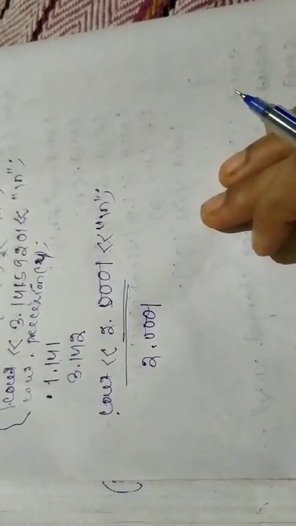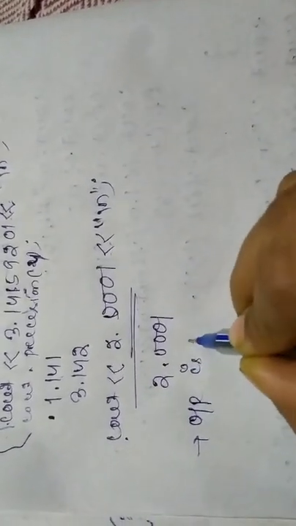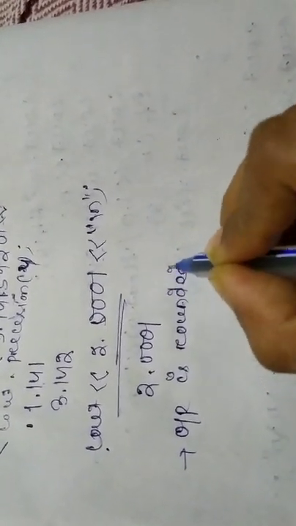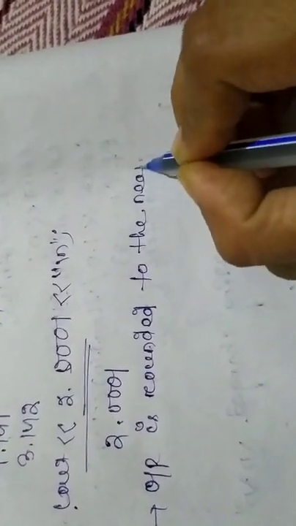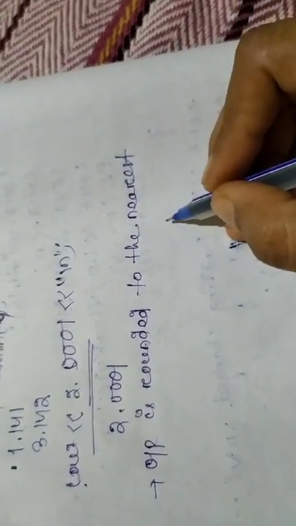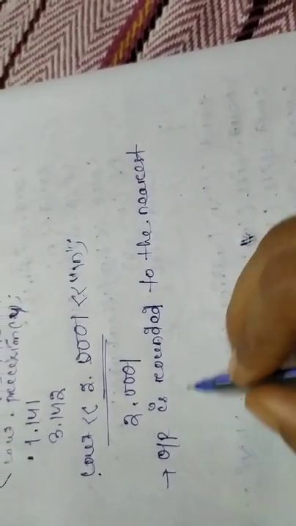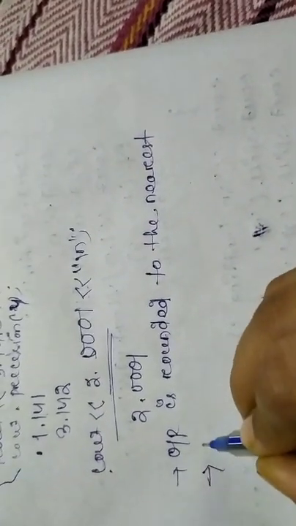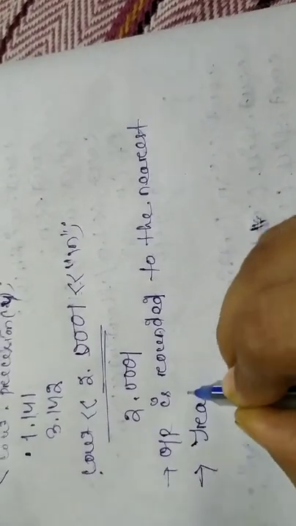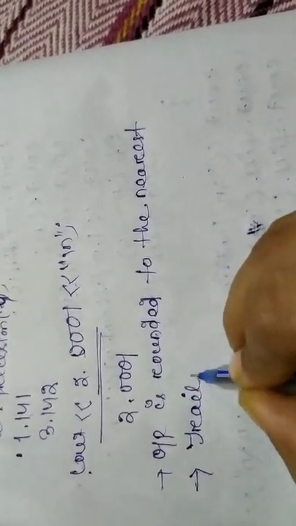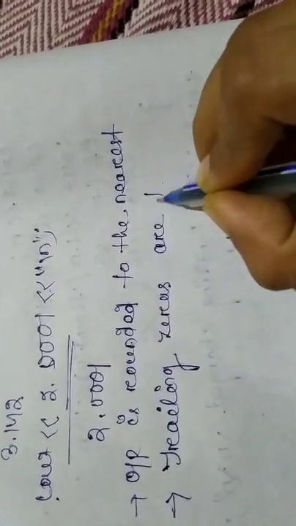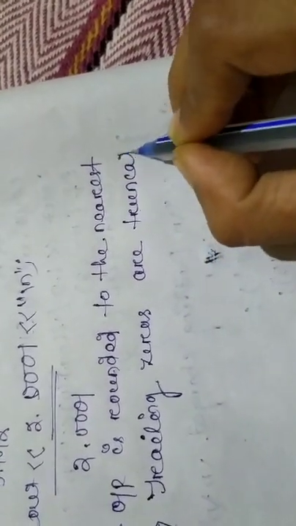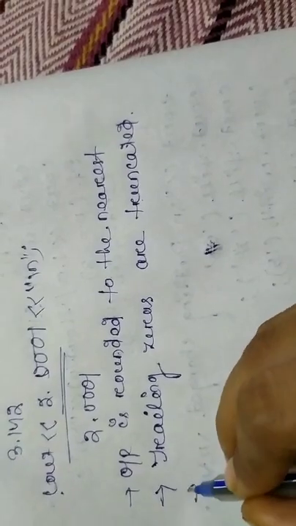The output is rounded to the nearest value. Trailing zeros are not displayed. There is also a function called truncate.